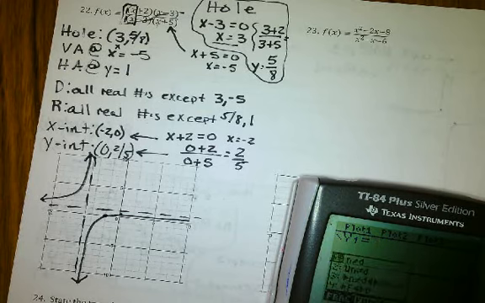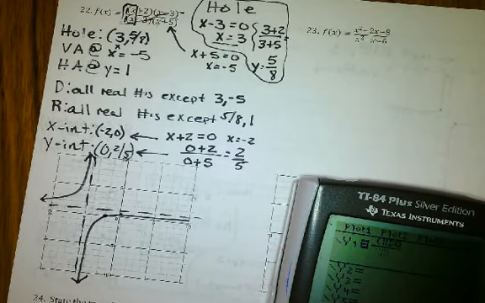Okay, so if I were to graph this one, it would be x plus 2, x minus 3. I kind of feel like that curve may not be in the right place. Let me just check that one. And then x minus 3, and then x plus 5.